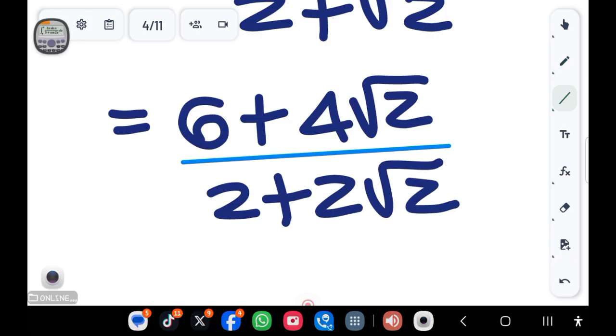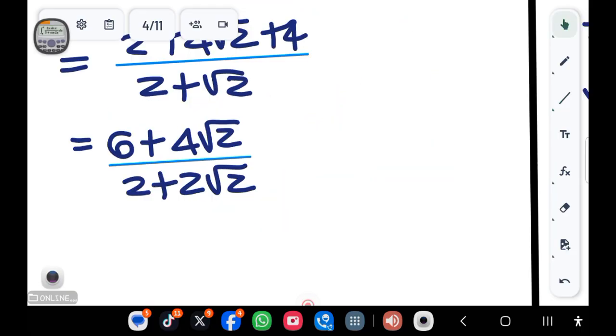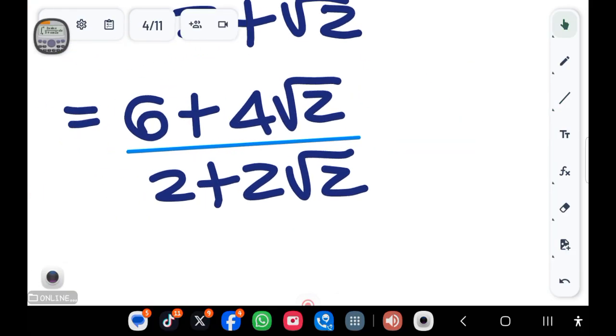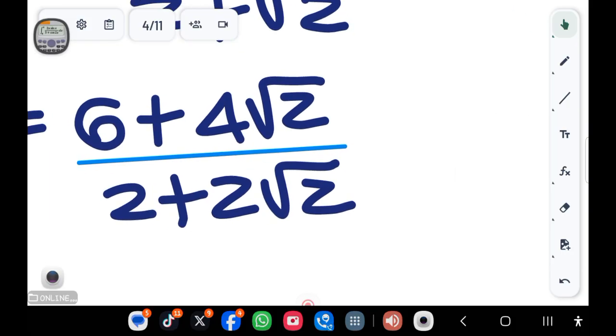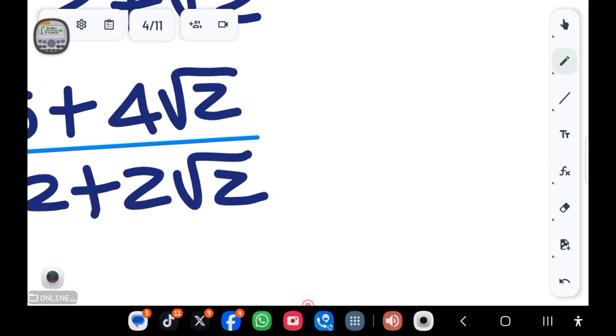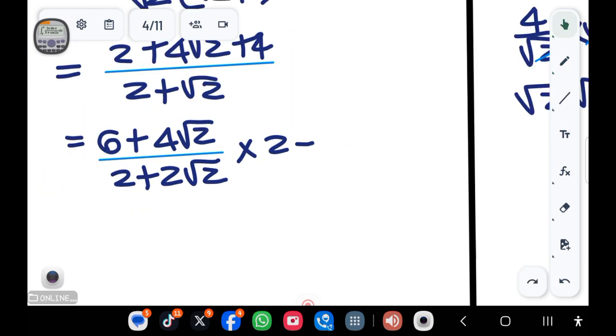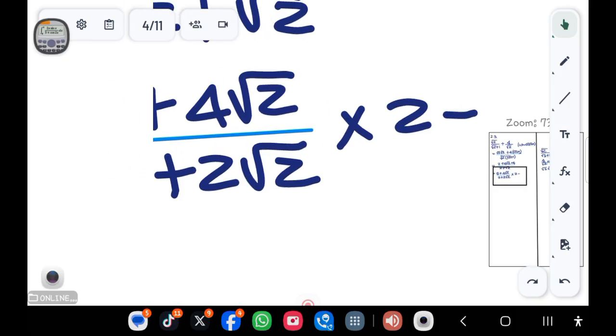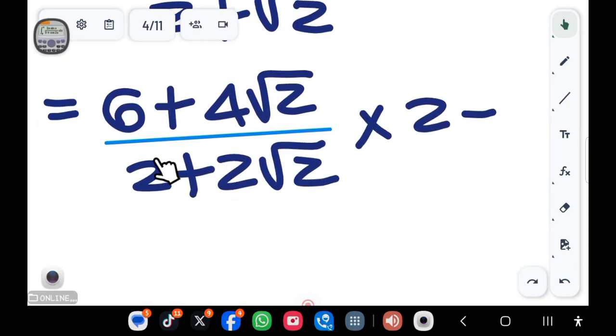There is no way we can factorize this and find a common factor that's easy to work with. So what we need to do is go on and rationalize the denominator. To rationalize the denominator, we're going to have to use the theory of the difference of two squares. So we take the denominator and simply replace the plus in the middle by a minus.